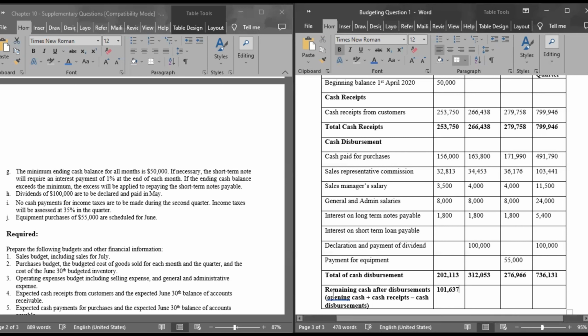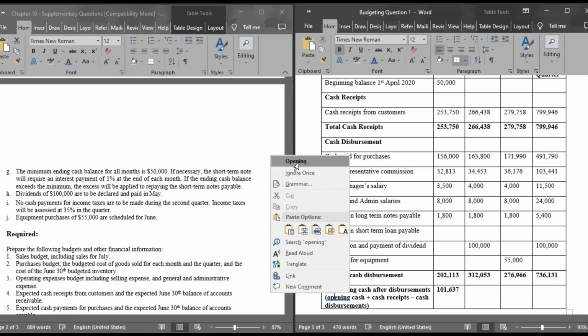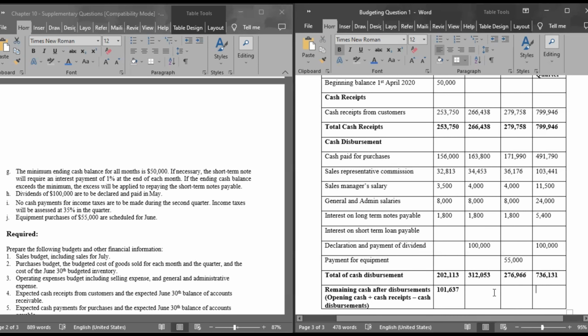So this is the available cash, or you can say remaining cash at the end of the month of April.